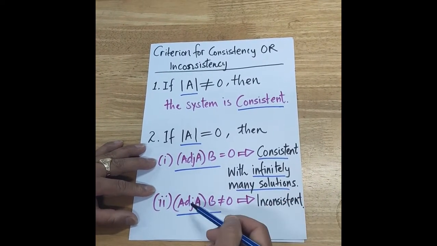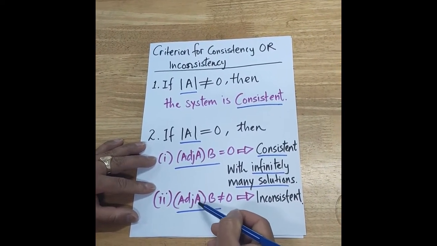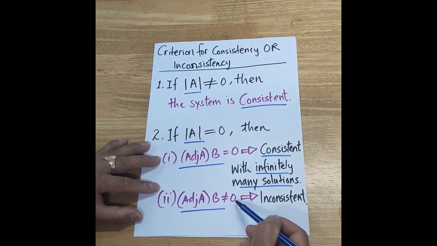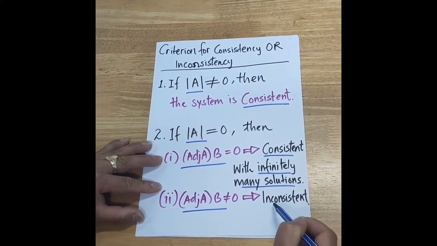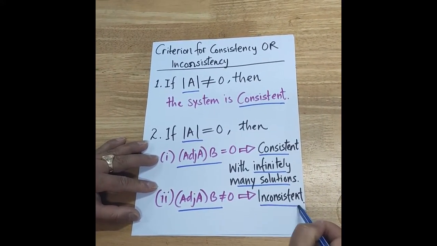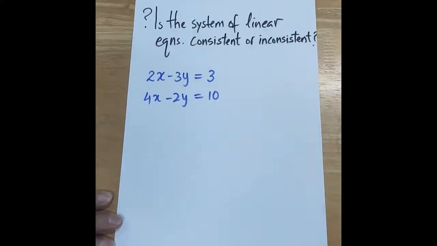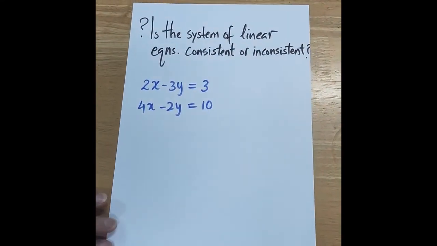However, if the product of the adjoint of matrix A and B is not equal to 0, then we say the system of linear equations is inconsistent. Next, we'll go through the example.